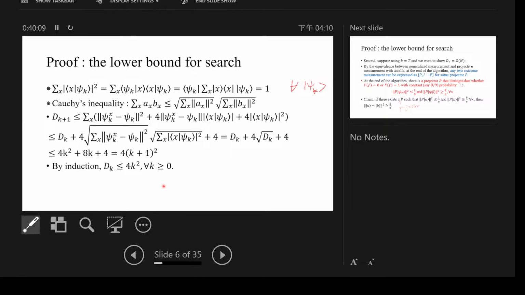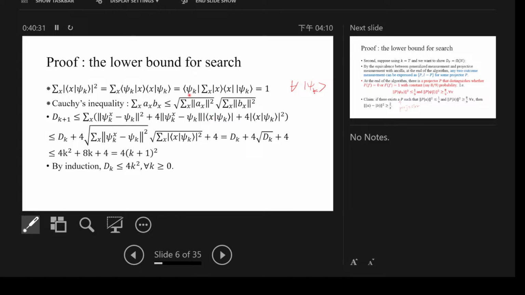What we do here is we use the Cauchy-Schwarz inequality to make things nicer. Basically we use Cauchy-Schwarz to disentangle the middle part. Let's see how this works out.